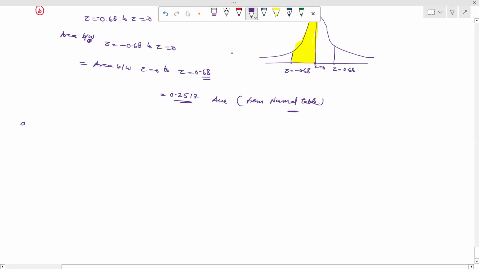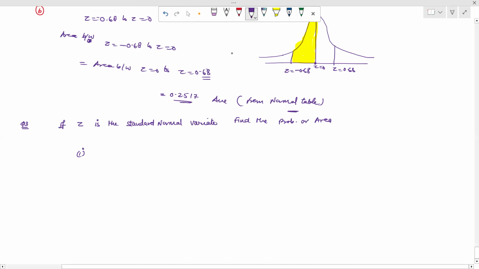Now we take another question related to that. If Z is a standard normal variate, find the probability or area.